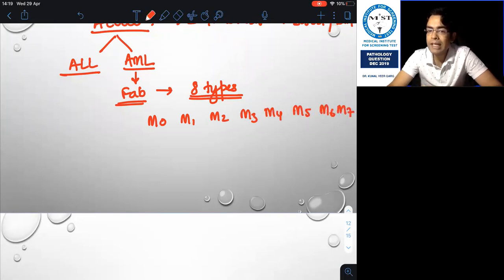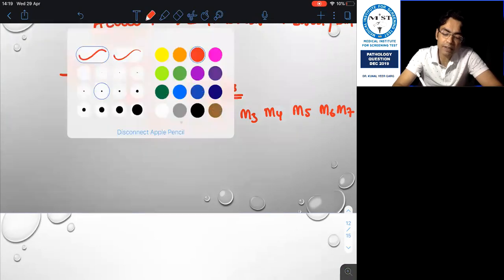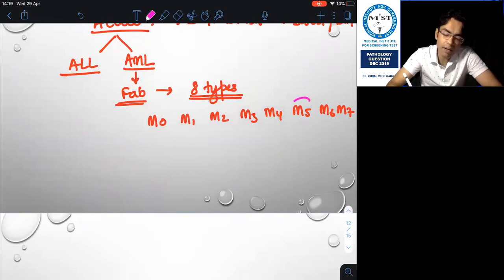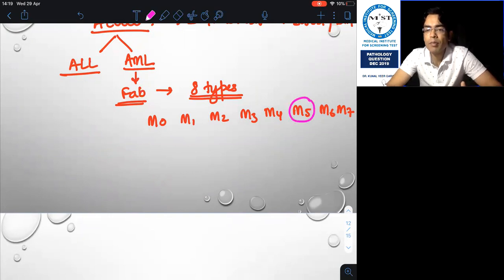The counting goes till 7, but it starts with M0. If the next leading question is which type of AML gum hyperplasia is most common with, it is M5. M5 is the type of AML with which gum hyperplasia is more common.